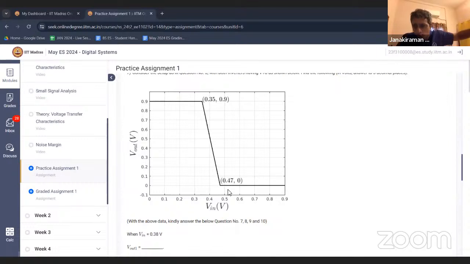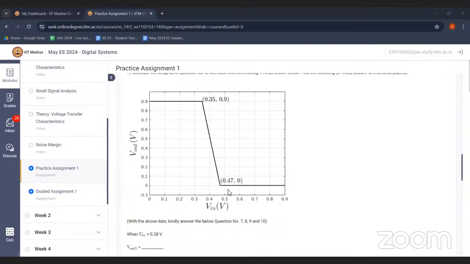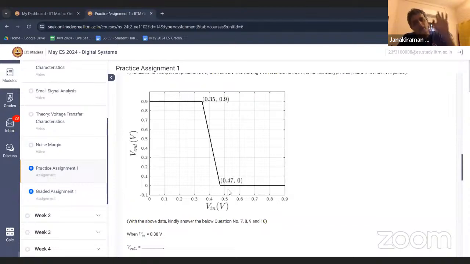So what was a noisy 0, 1 at the input of the first inverter becomes a noise-free 0, 1 at the output of the second inverter. You understand? Yes, sir. This is the key part. I'm going to ask a question on this in the final exam. 100% I'll ask.